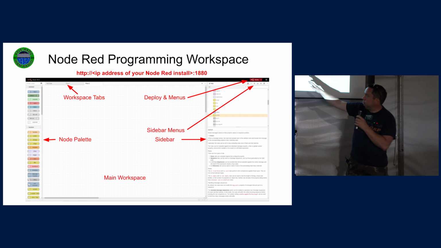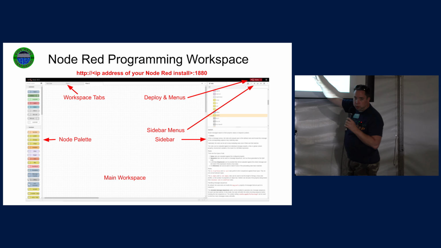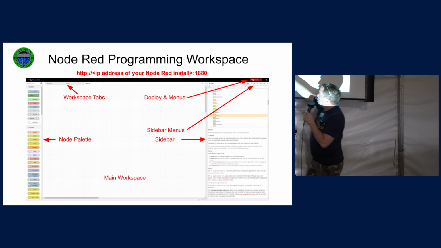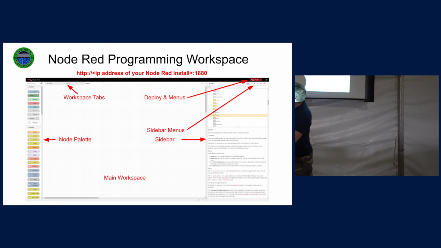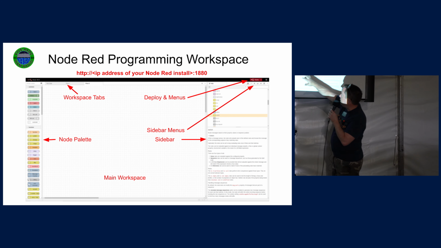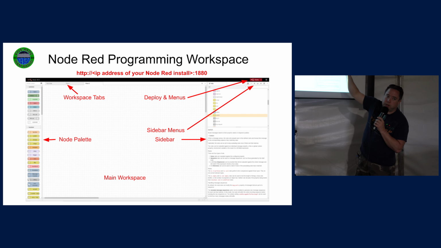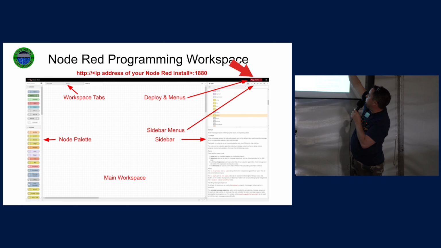So let's talk about the workspace screen. You've got your tabs up here. You've got your palette. These are your nodes, okay? That's your palette. You've got the main workspace, and you've got this sidebar over here that has a bunch of stuff. For all you programmers out there, your compile button is this red button up there.